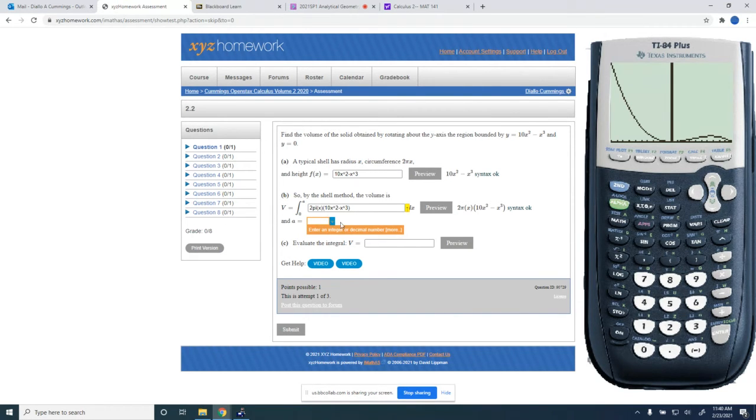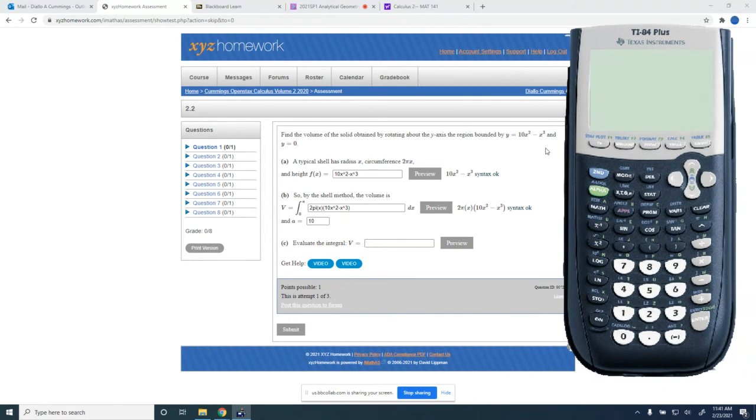So A is going to be 10. All right, because we're integrating this from 0 to 10, right? So they gave us 0. I know in the formula it says from A to B, but they've given us 0, and we found the upper limit is 10.